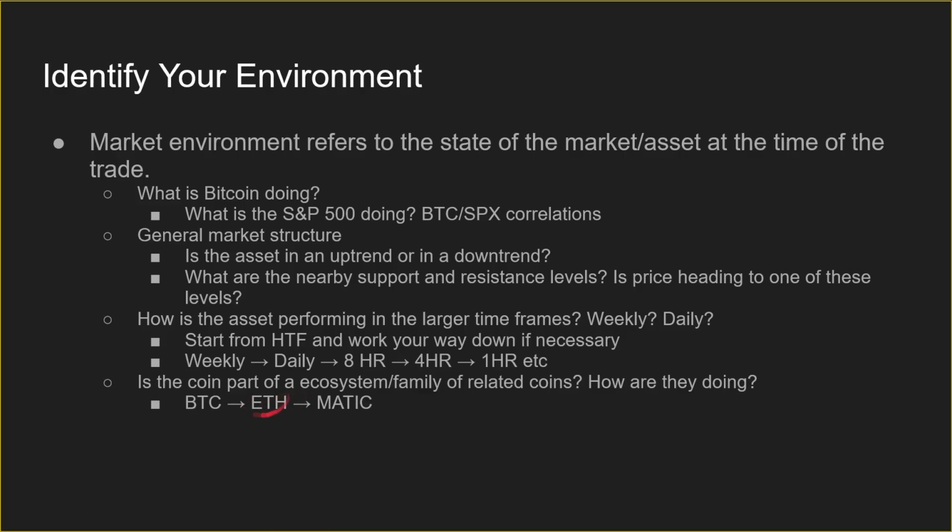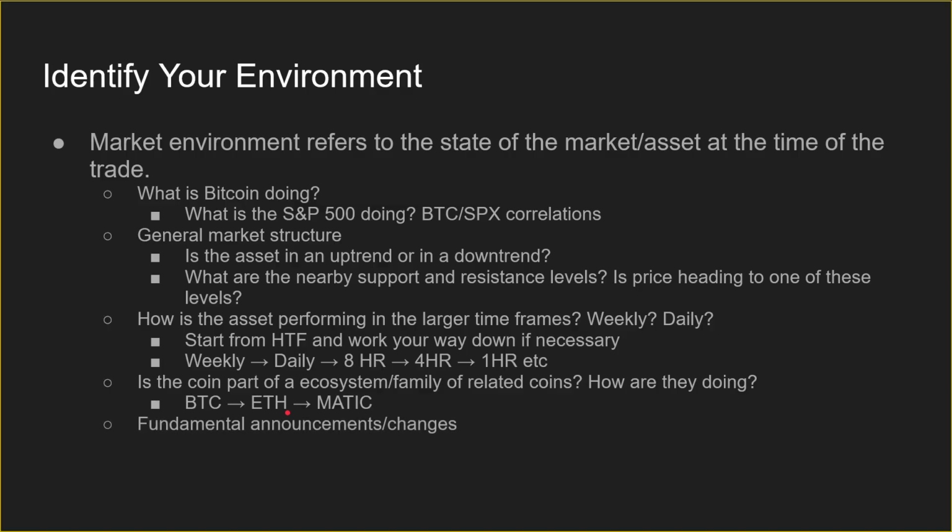Now, if we're looking towards Ethereum, we can also consider coins that are a part of the Ethereum ecosystem or related to Ethereum, such as Matic, Uniswap, possibly Chainlink, Aave, Maker, Kyber Network. These are all coins that have some sort of relation to Ethereum, and as a result, when Ethereum is moving in a certain direction, these coins will typically follow in its direction as well.